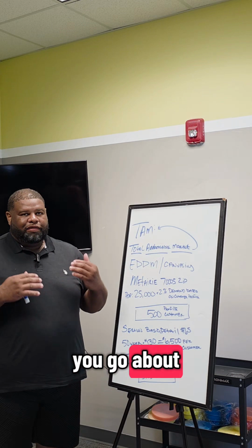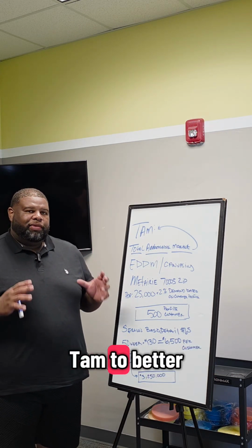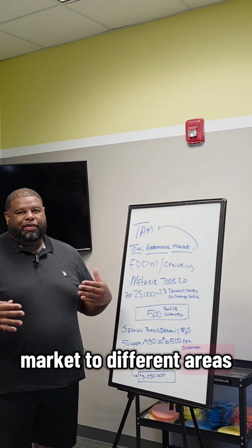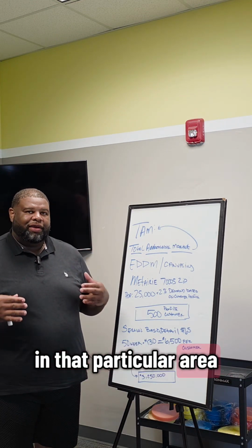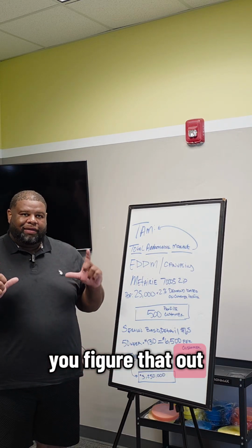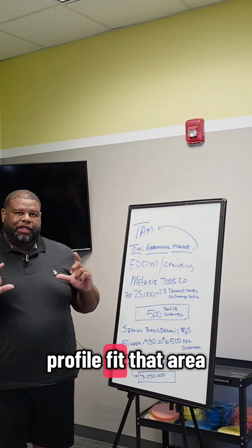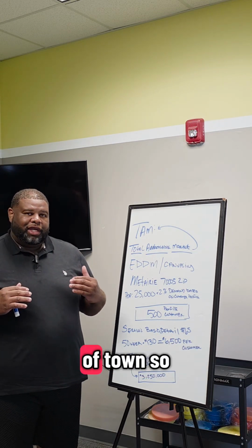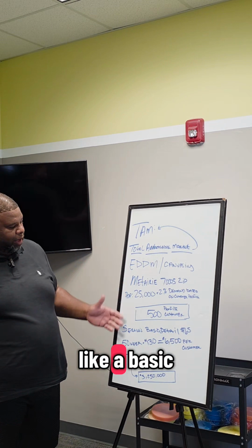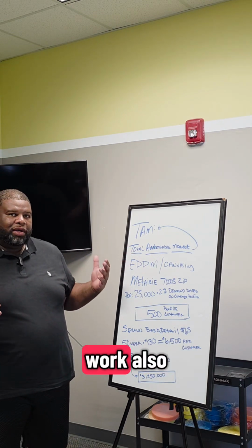That's how you go about figuring out your TAM and how you can use it to better market to different areas, to know how much money is in that particular area and how many people are in it. And then once you figure that out, you look at whether your customer profile fits that area of town. So this is just a basic look at what TAM is and how it works.